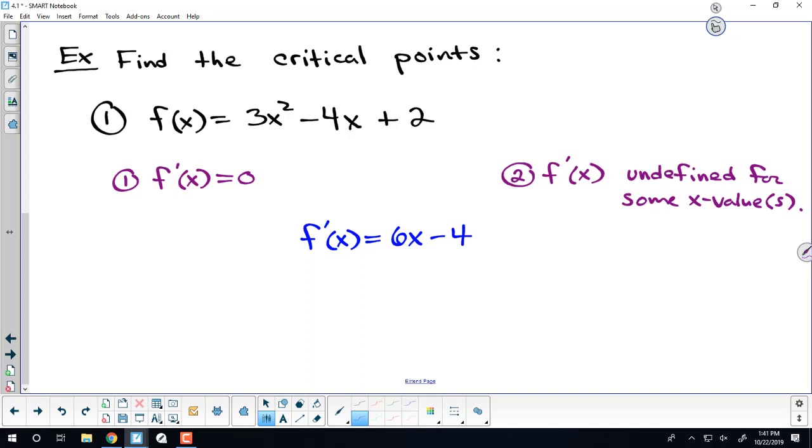Is that ever undefined? No, if it's a linear function, it's always defined. So is f of x undefined for some values of x? No. F prime is always defined. And then where does the first derivative equal 0?